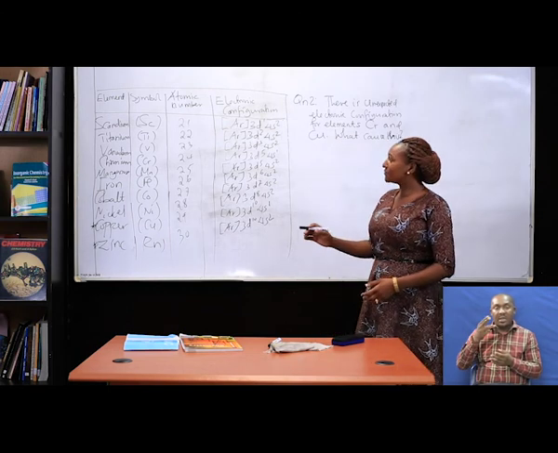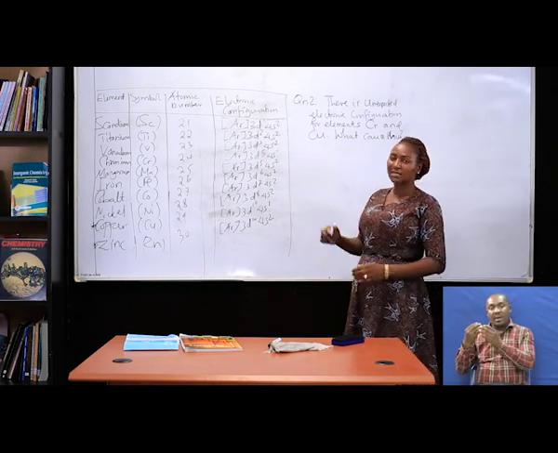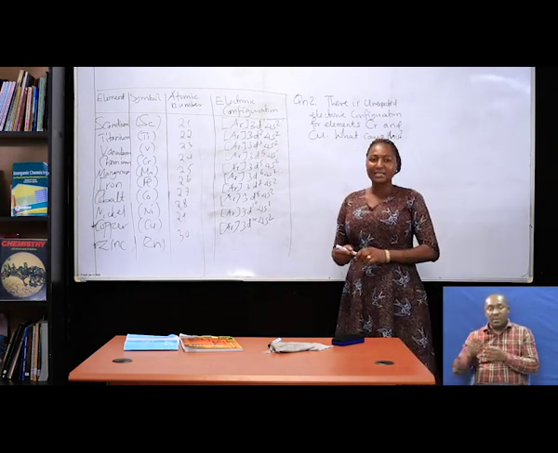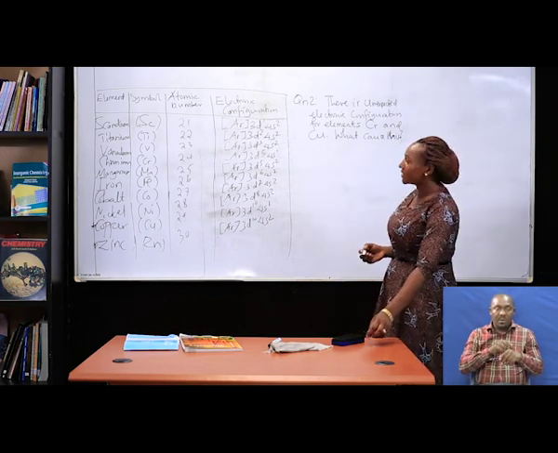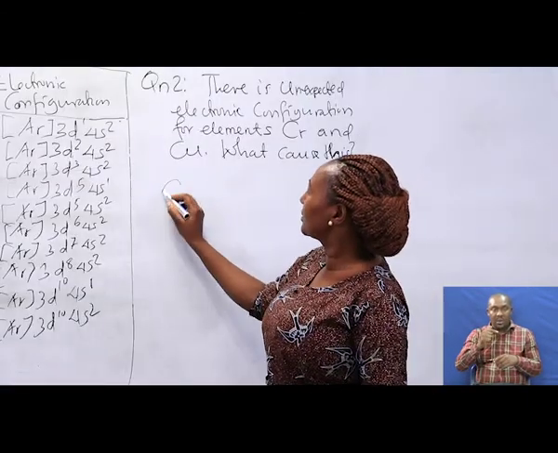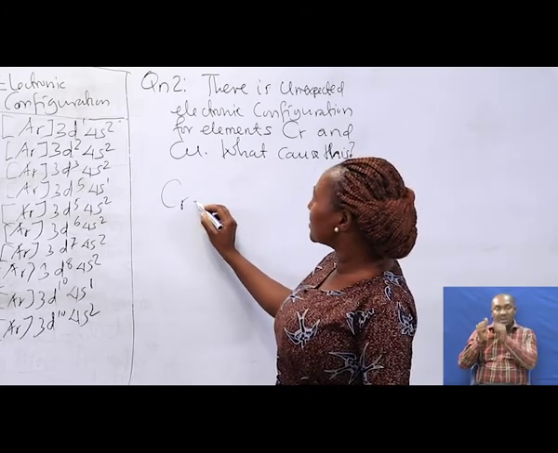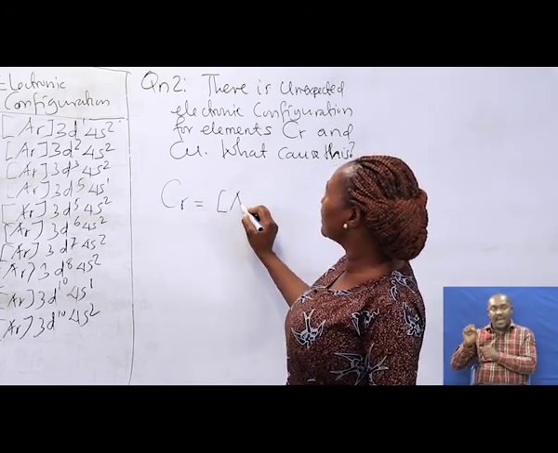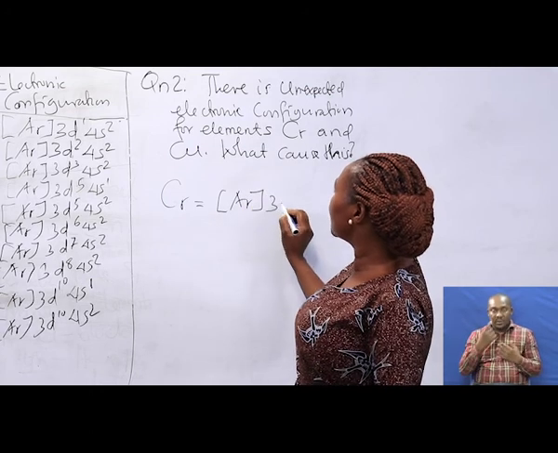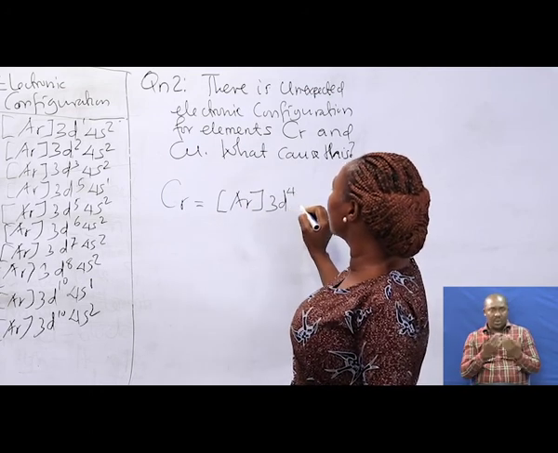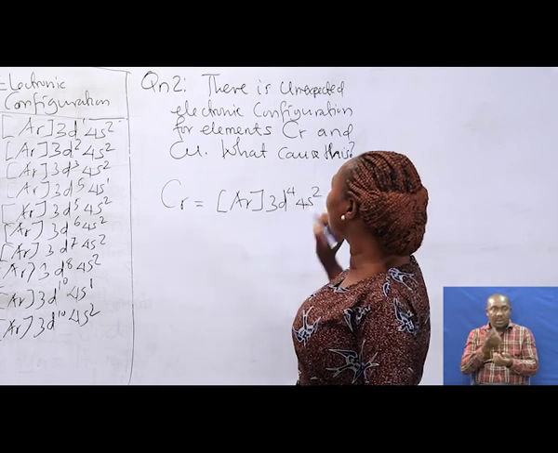In reality, if you check this series, you will notice that the expected electronic configuration for chromium was supposed to be argon 3d4 4s2.